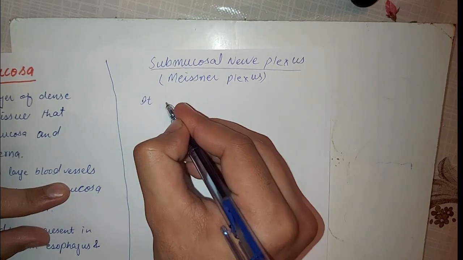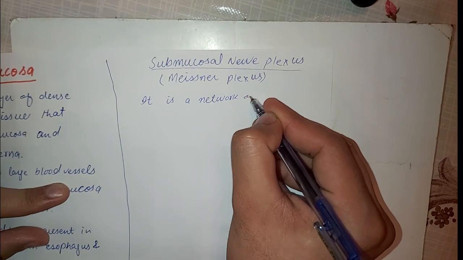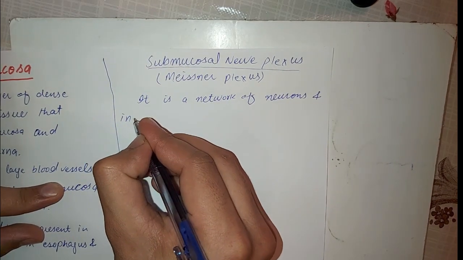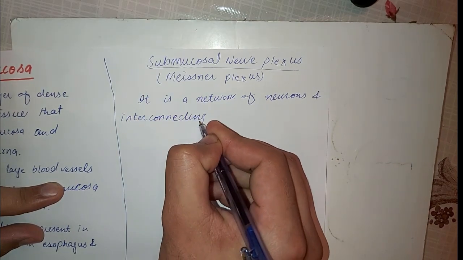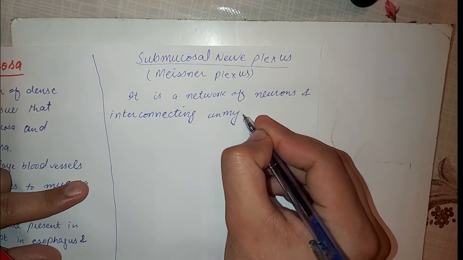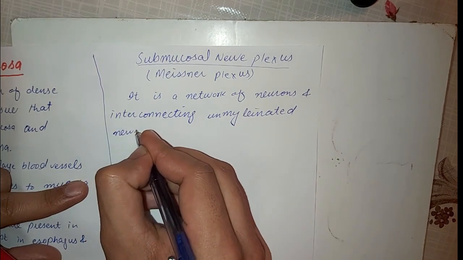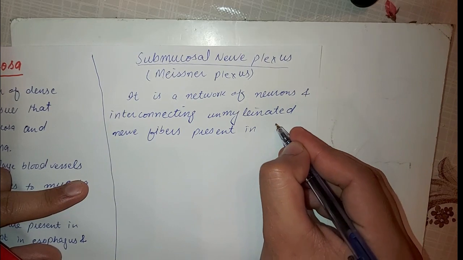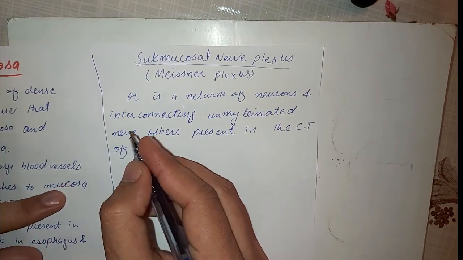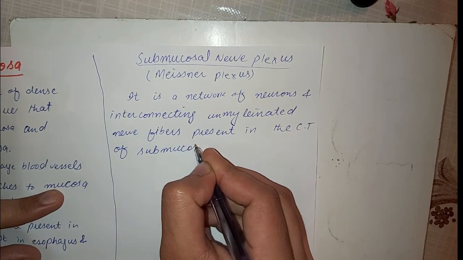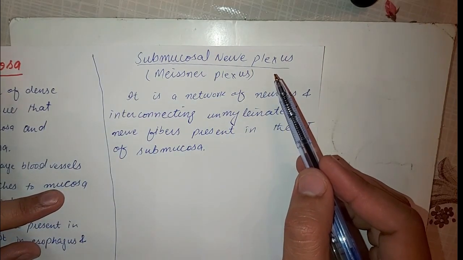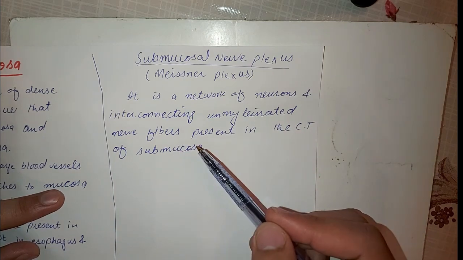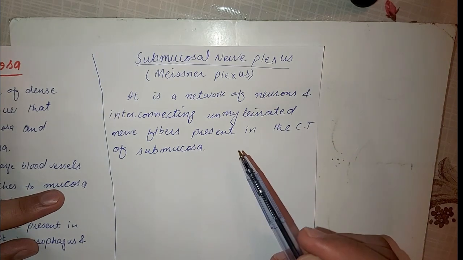A nerve plexus is a network of neurons and interconnecting unmyelinated nerve fibers present in the connective tissue of submucosa.